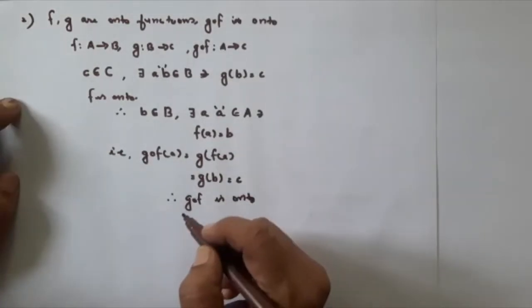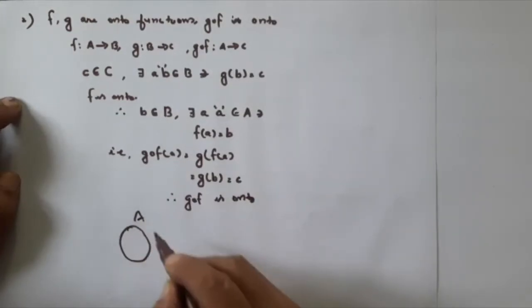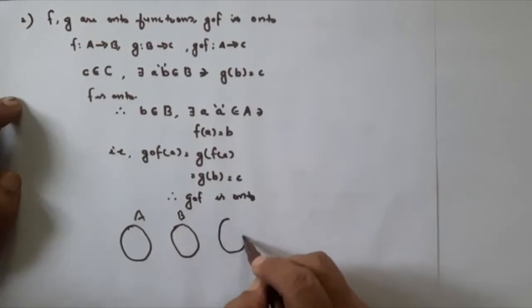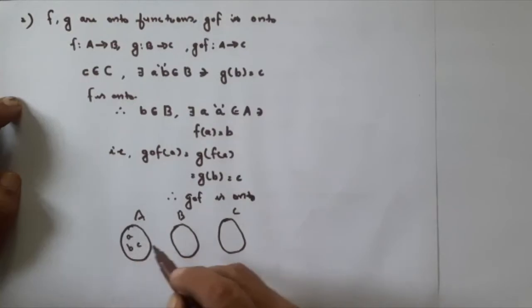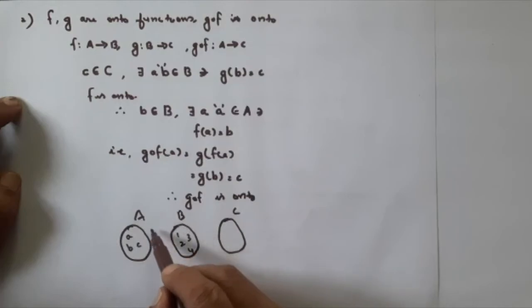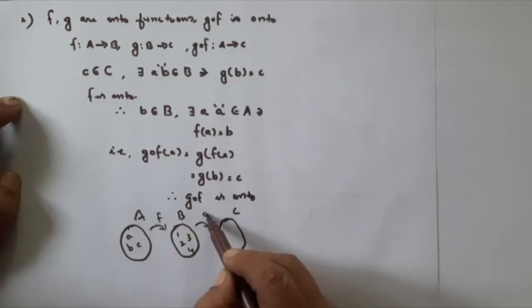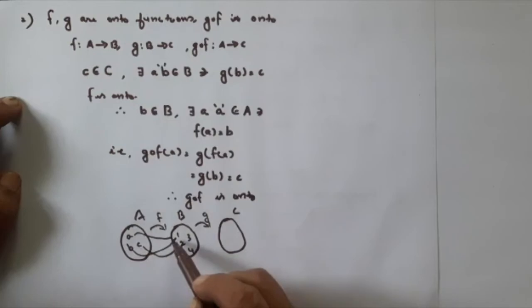If C is a singleton set, that means this is capital A, this is capital B, and this is capital C. This contains small a, small b, small c, 1, 2, 3, 4. f is a function from A to B, g is a function from B to C, a is mapped to 1, b is mapped to 1, c is mapped to 2.